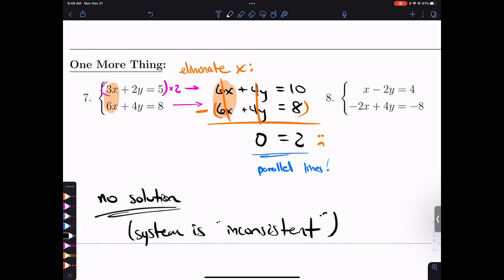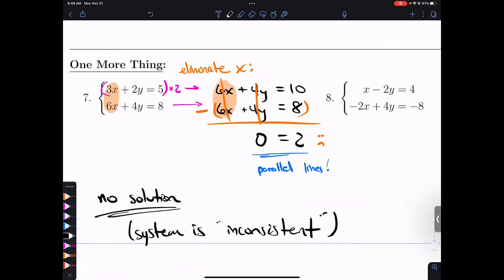It's not a thing I'm ever going to ask you about, but it might show up in the homework online that that's called an inconsistent system. But that's what that means. You get a logical fallacy, a thing that is just not true, no matter what x and y are. The things just don't intersect anywhere because at the moment we're talking about strictly straight lines. It means that they're parallel, right?